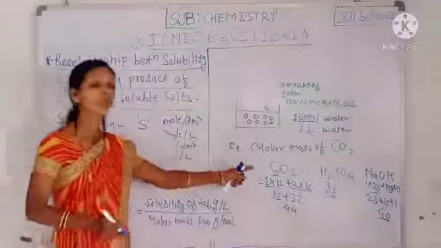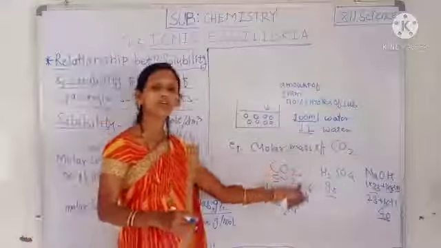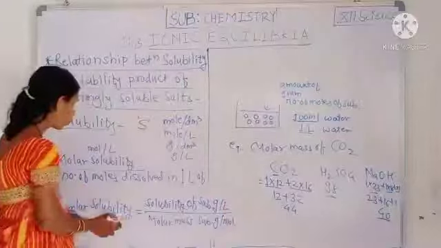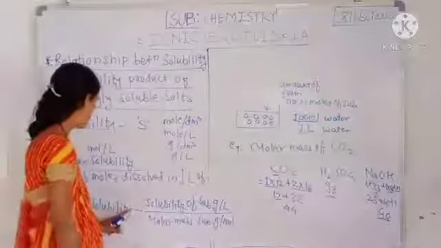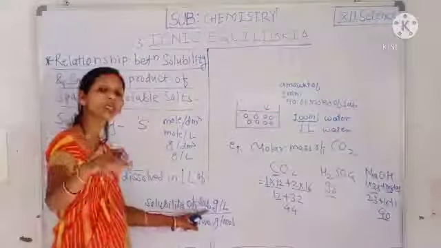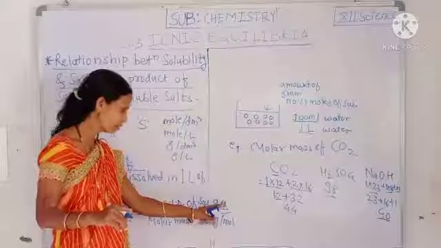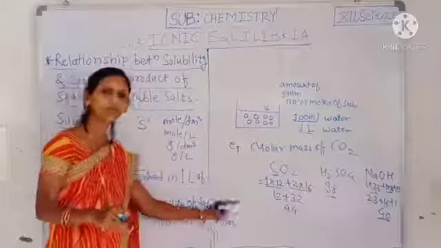That is the molar mass of a substance, and we can calculate it using the molecular formula. Then the molar solubility of any substance equals the solubility of that substance in gram per liter upon the molar mass of that substance in gram per mole.